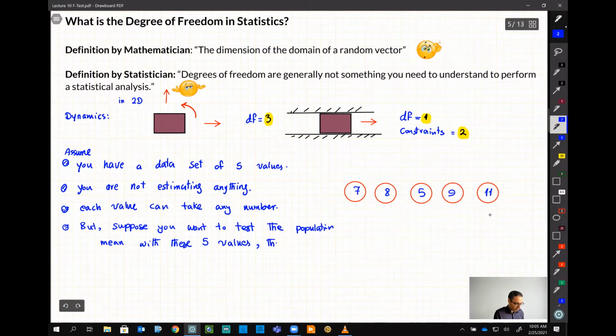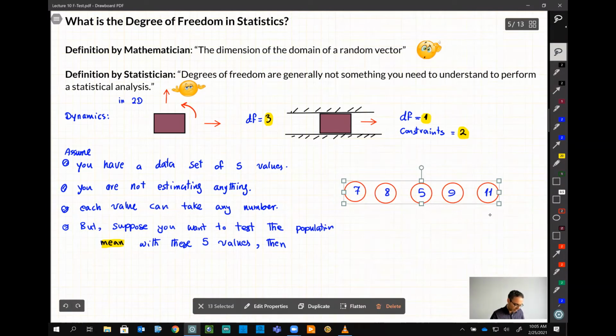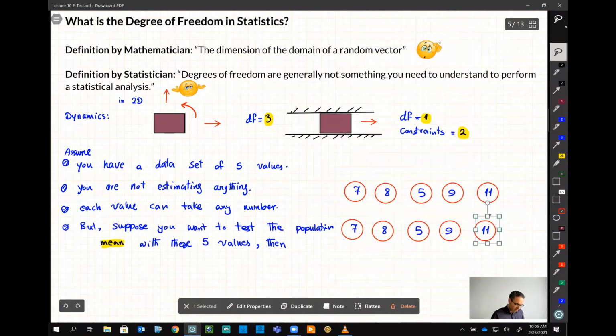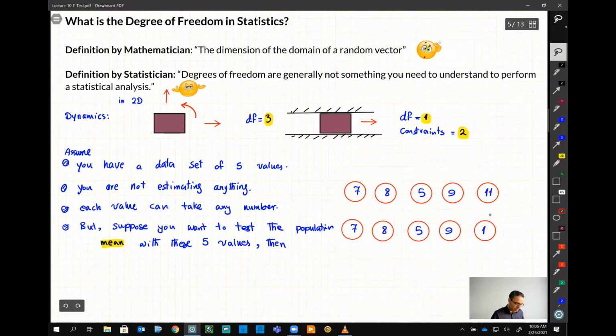Then we know if we want to test the population mean, there has to be a relation between the mean and the values. So in other words, maybe I'm free to choose the first 4 numbers, but I'm not free to choose the last number. Why? Because we know that there has to be a relation between these numbers.